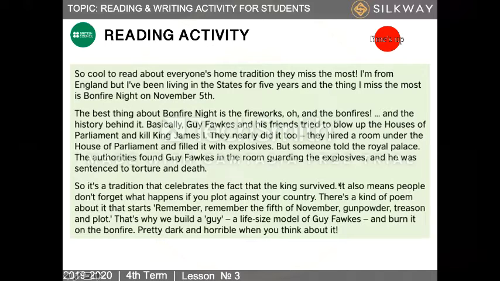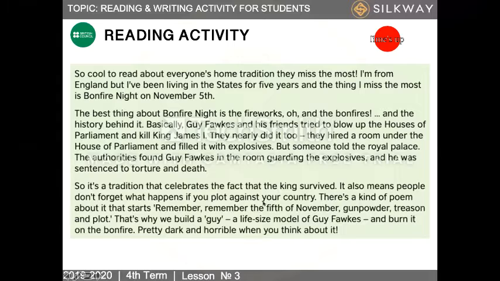It also means people don't forget what happens if you plot against your country. There's a kind of poem about it that starts, Remember, remember, the 5th of November, gunpowder, treason, and plot. That's why we build a life-size model of Guy Fawkes, and burn it on the bonfire. Pretty dark and horrible when you think about it.